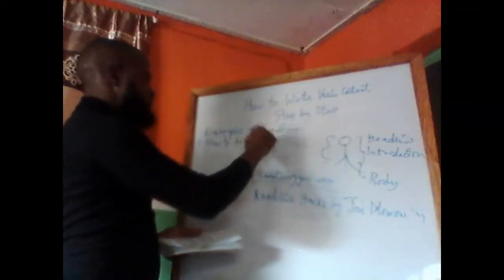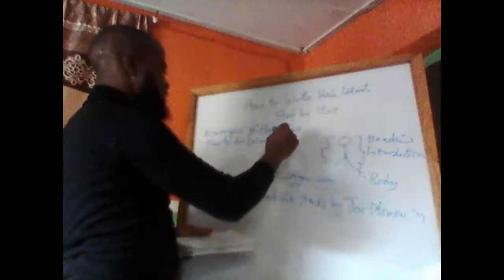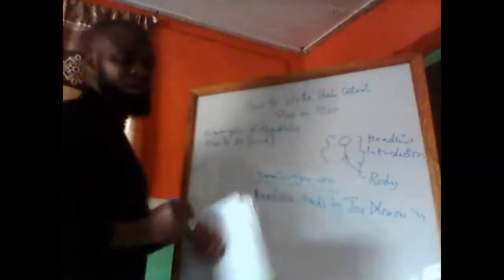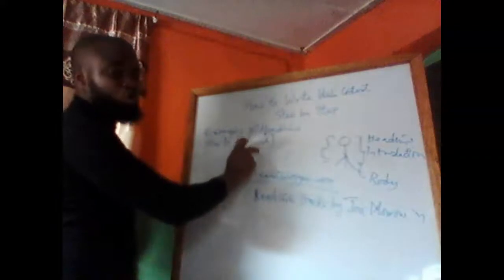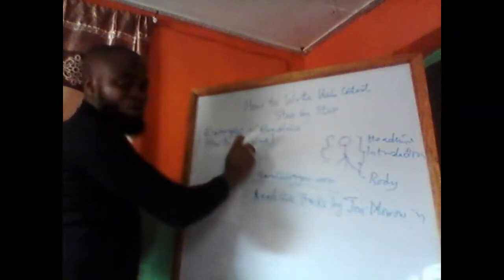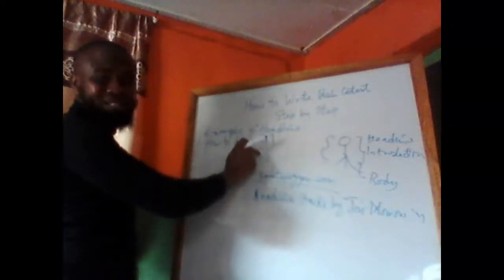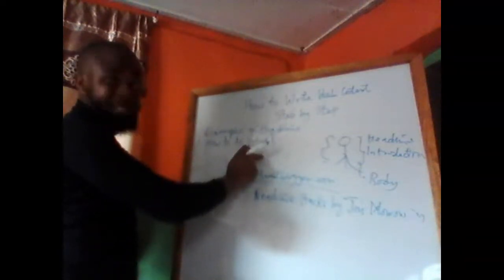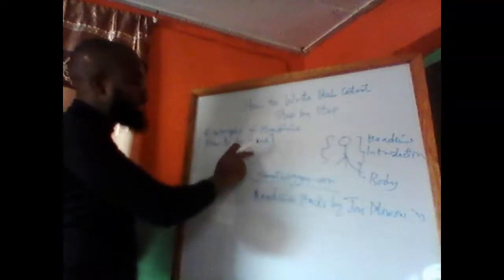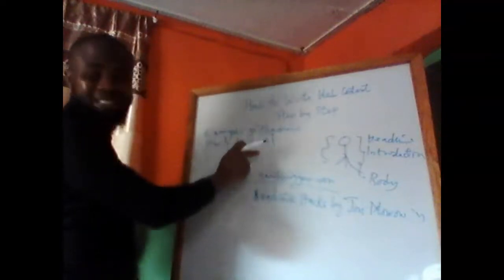How to do blank in, or just how to do blank. You are going to be the one to put what you have in mind here. How to find the love of your life. How to write like a pro, how to dance, how to teach, how to sit, how to drink water. A lot of stuff. See, this is what the blank is all about.